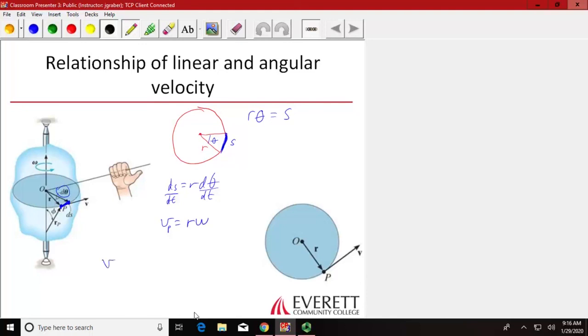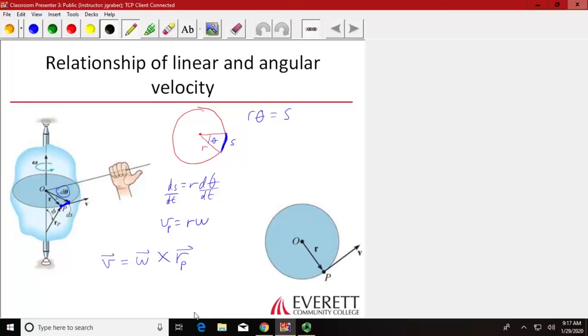Our velocity vector, we say that's going to be equal to omega vector. Omega is a vector. It points in the direction of my thumb, right? We use our right-hand rule to identify the direction of omega, crossed with the position vector to that point. And I'm going to put a little p down here just to say that's the position of p.